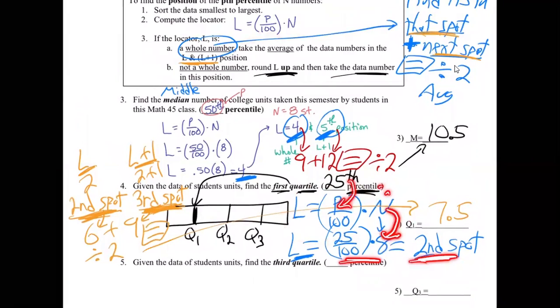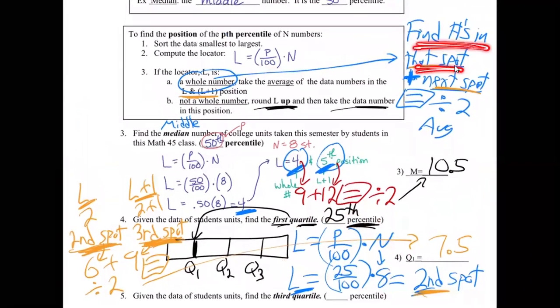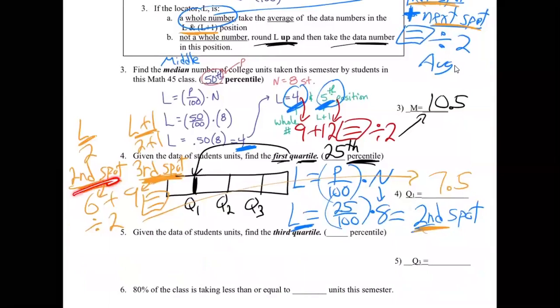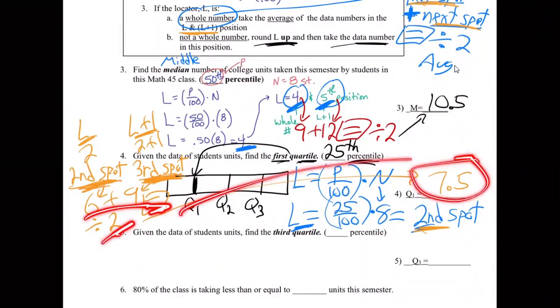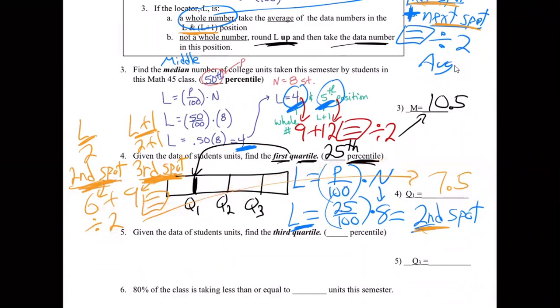We got the 2. That was just telling us second spot, right? Then the instructions say find the numbers in that spot and the next spot, add them and divide by 2. So I went to the second spot and the third spot, found the 6 and 9, add them, hit equals, divide by 2, 7.5. There we go. Questions on that?